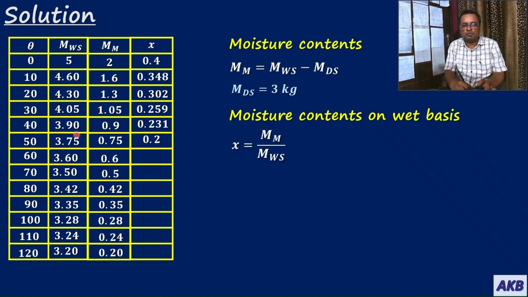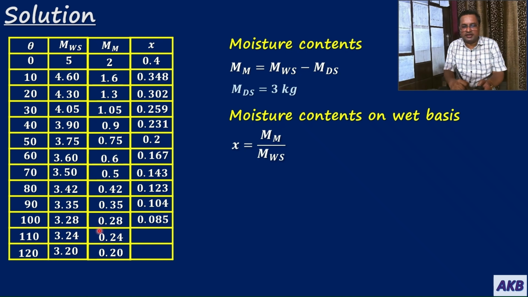0.9 divided by 3.90 is 0.231. Then 0.75 divided by 3.75 is 0.2. 0.6 divided by 3.60 is 0.167. 0.5 divided by 3.50 is 0.143. 0.42 divided by 3.42 is 0.123. Then 0.35 divided by 3.35 is 0.104.